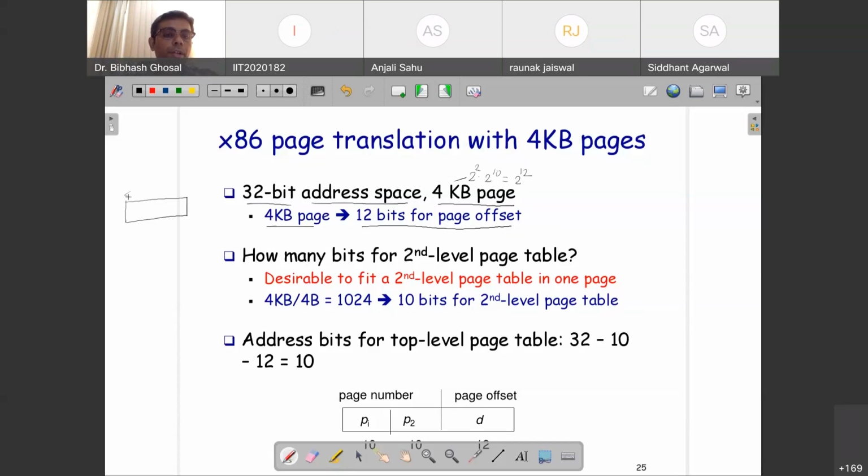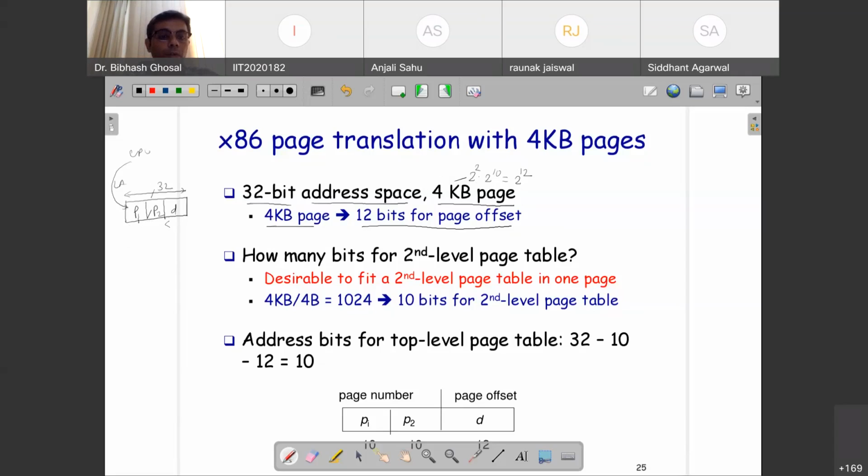This is the 32-bit address space that is generated by the CPU. The CPU generates this logical address, which is of size 32 bits. It can be divided into P1, P2, and D: the outer page table, the inner page table, and the offset. We are trying to find out the sizes of each of them, given that the page size is 4 KB.